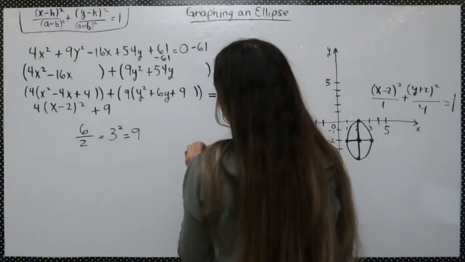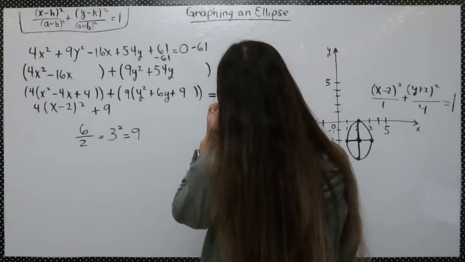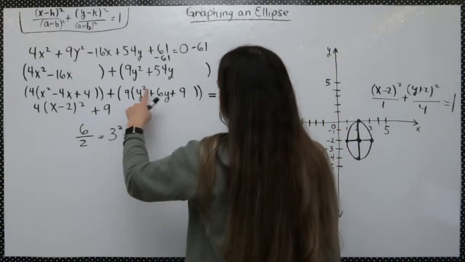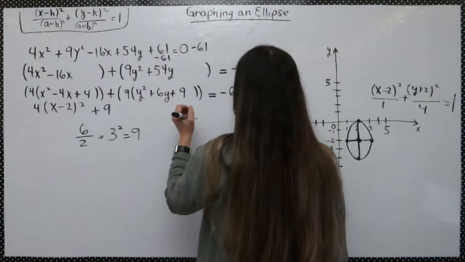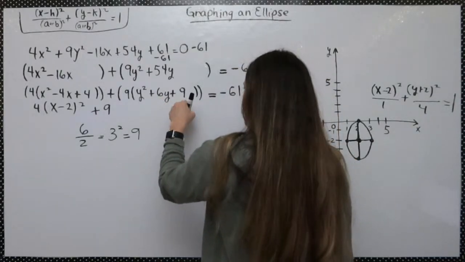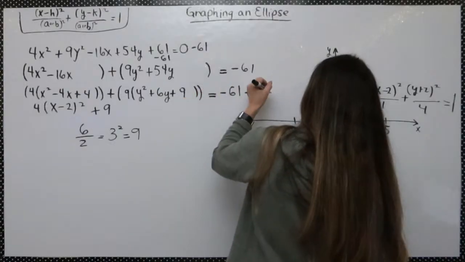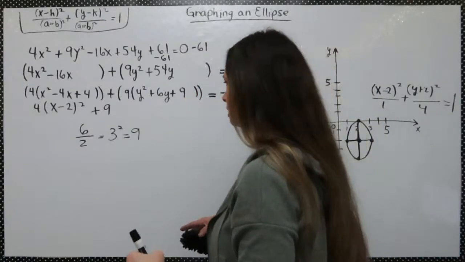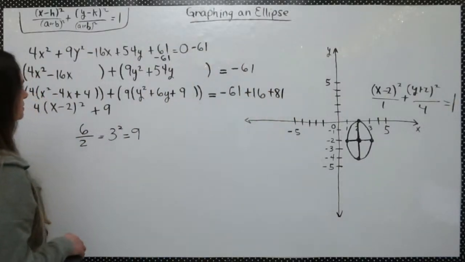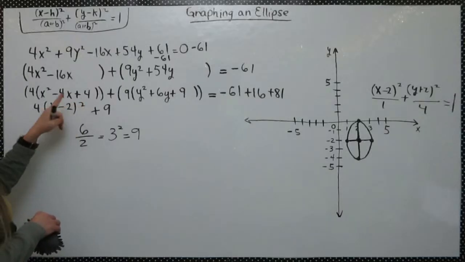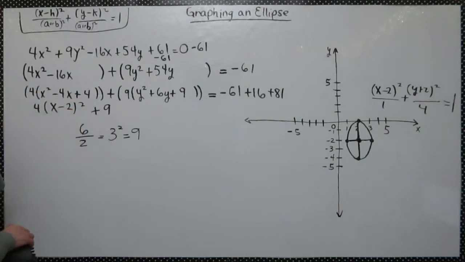So 9 times 9 is 81, and that's the number. So we're going to add it. We added 81 here. We're going to add 81 here. Just making sure that we are adding the same numbers to both sides. And same thing here. We're not adding 4 to both sides. We're actually adding 16.